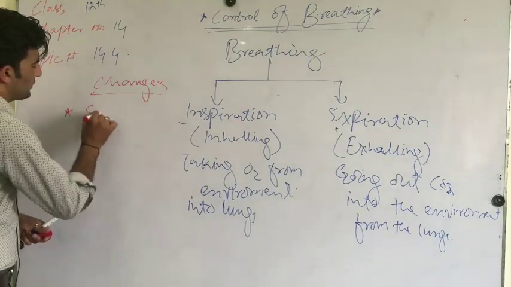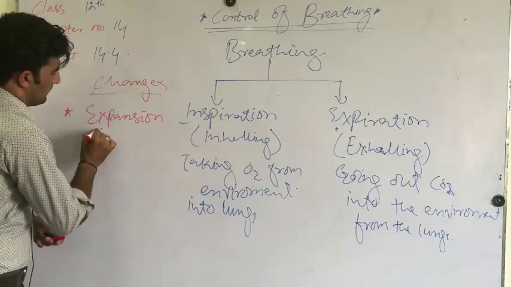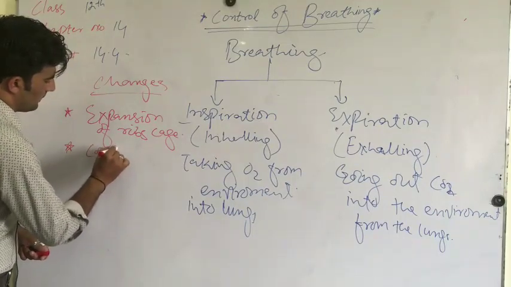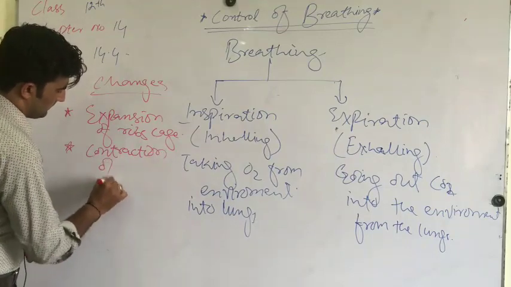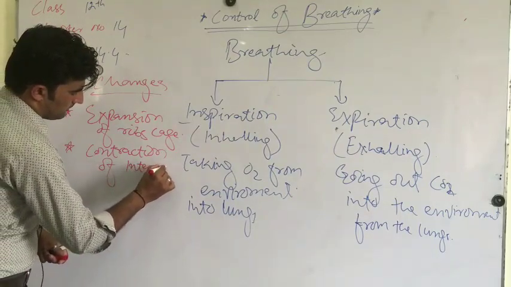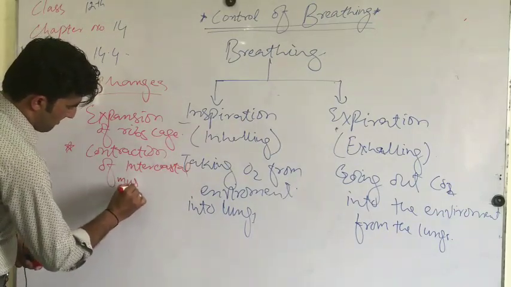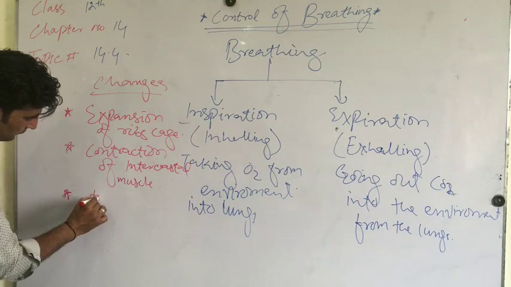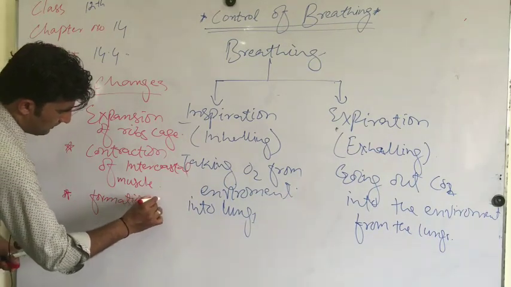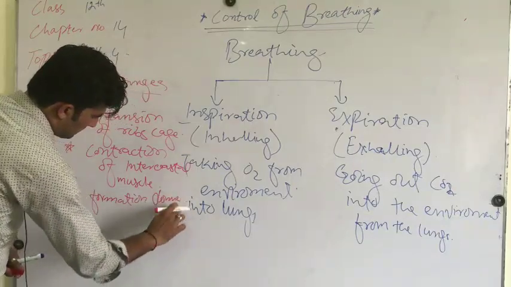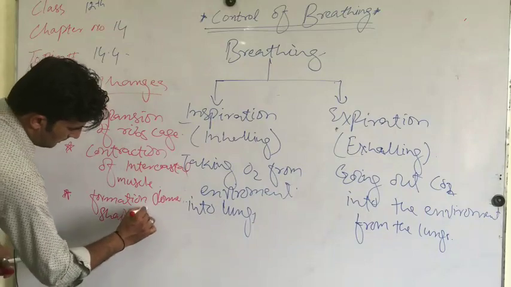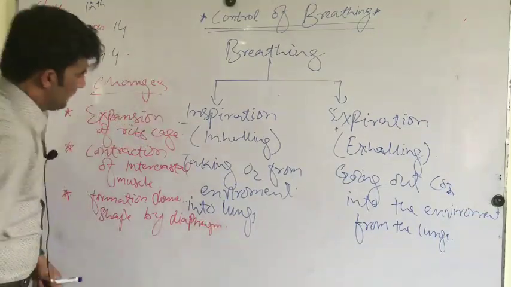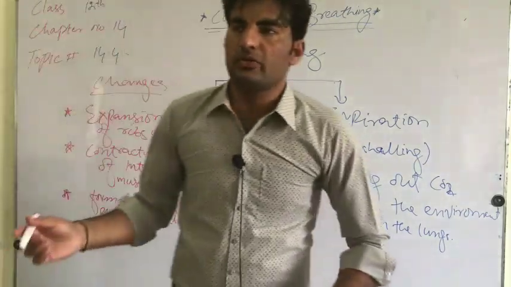First, expansion of the rib cage. Second, contraction of the intercostal muscles. Third, formation of a dome shape structure by the diaphragm. So these are the main changes which will occur during the inspiration process.